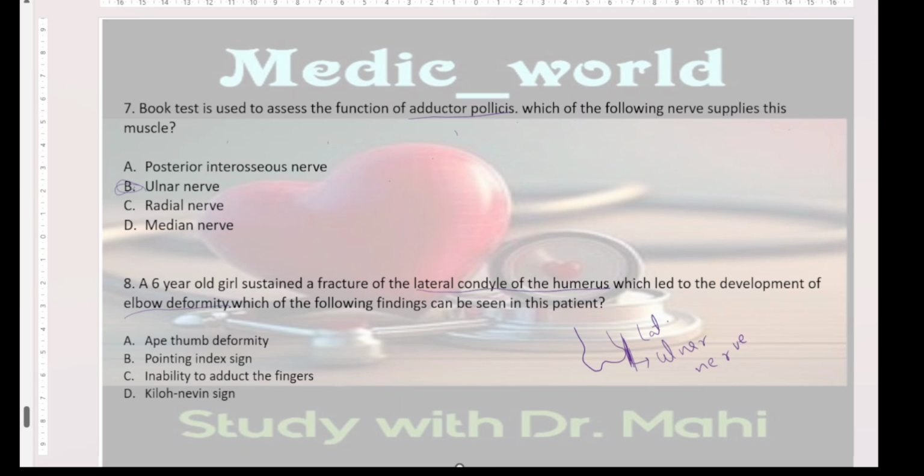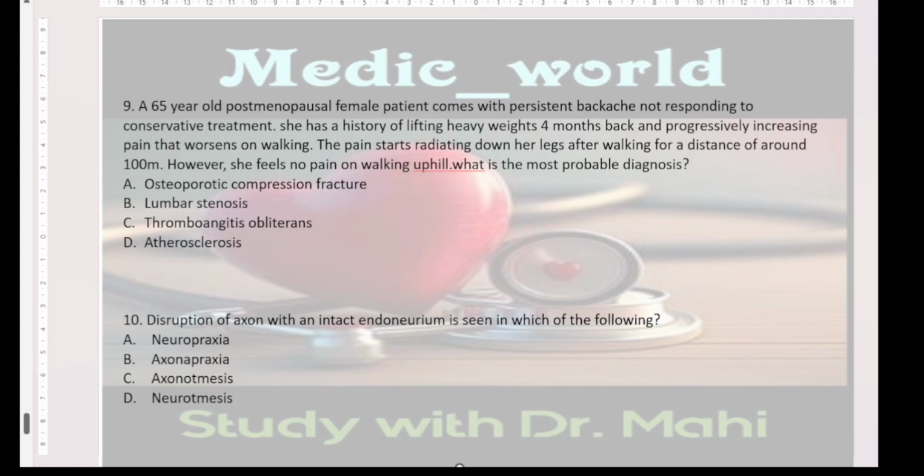So due to the injury to this nerve, the fracture of lateral condyle of humerus can lead to tardy ulnar nerve palsy. And the feature of ulnar nerve palsy is inability to adduct the fingers. So the answer to this question is option C. All the other options are the test for median nerve. Okay, let's move towards the other question.